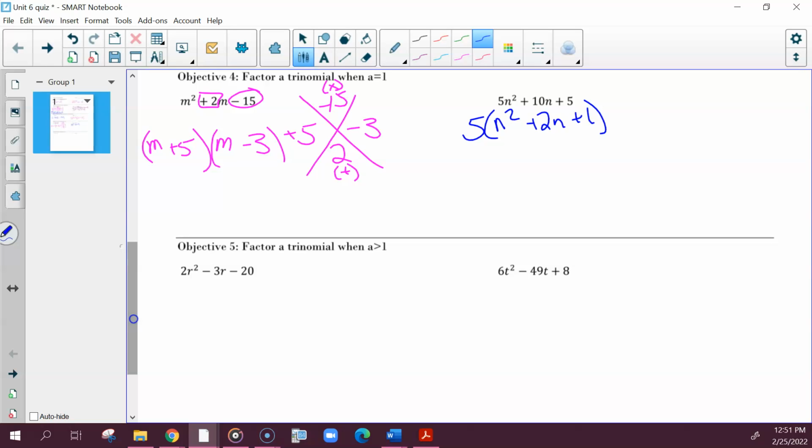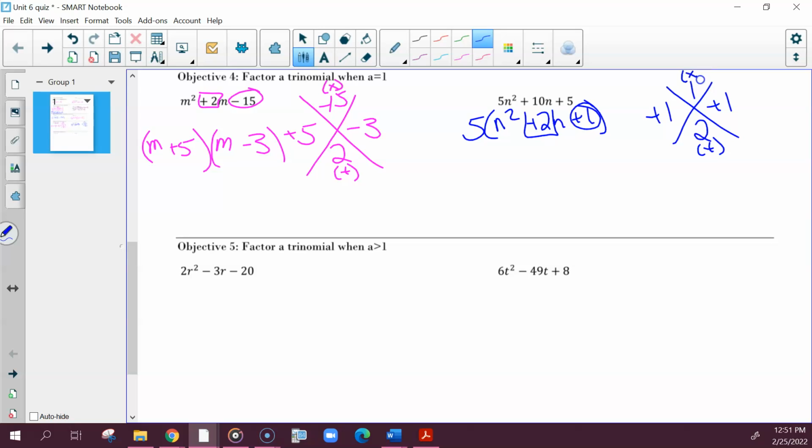Then the inside looks just like this one over here. So I can look for 2 numbers that multiply to be 1, but add to be 2. 1 and 1 would work if they're both positive.